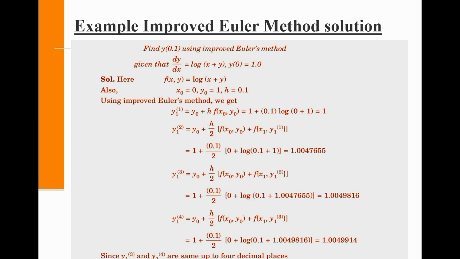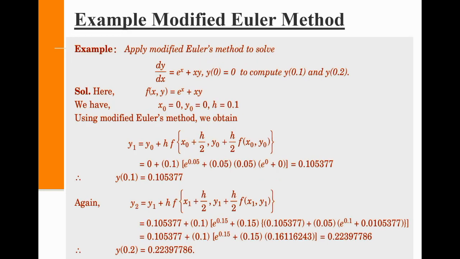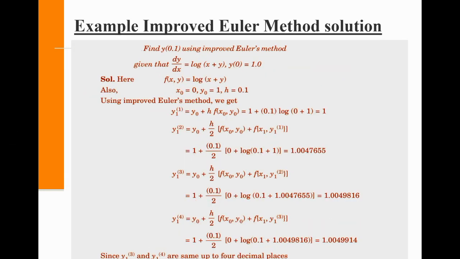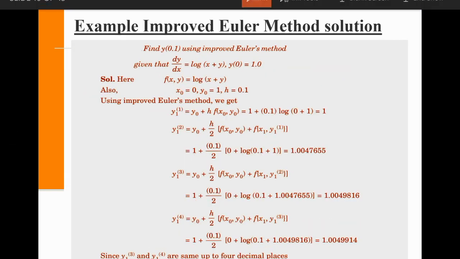In the improved Euler method, first of all we will calculate y1, right? After finding y1, we will find the, you can also say, prediction correction method, because in this method first of all we will predict the value and then we will correct the value. So that's why this method is also known as the predictor-corrector method. Okay. So this is our prediction.